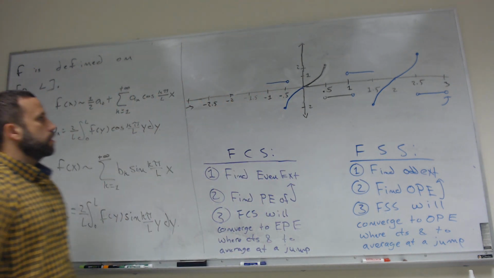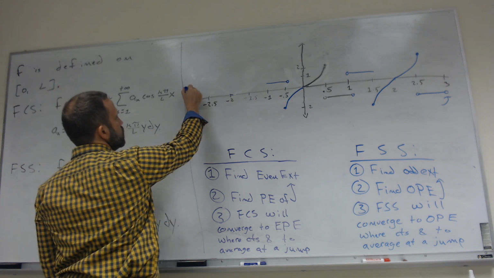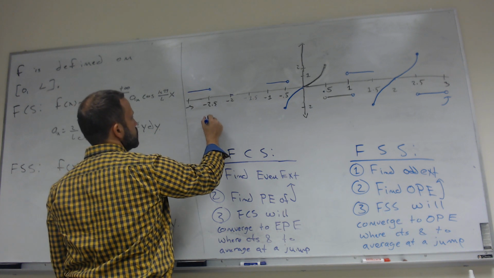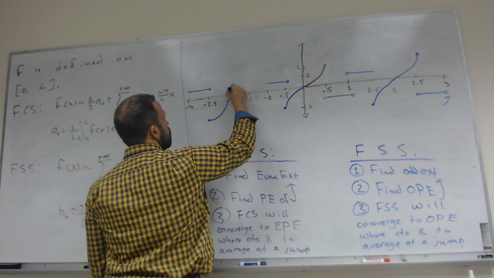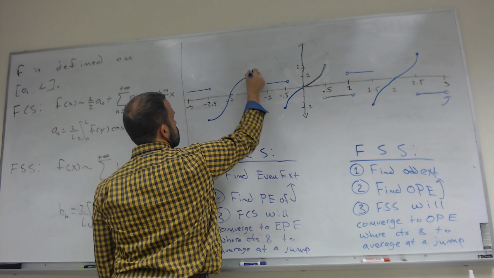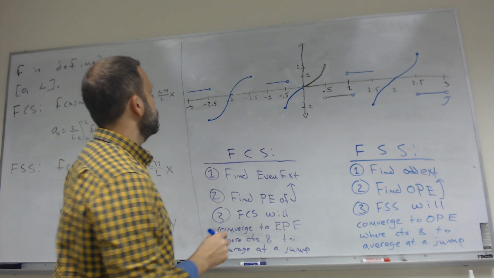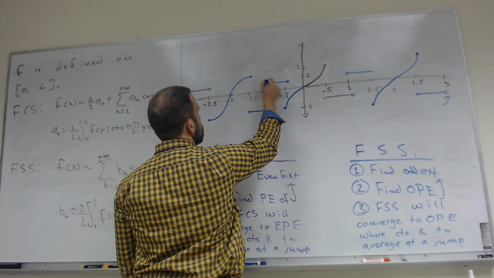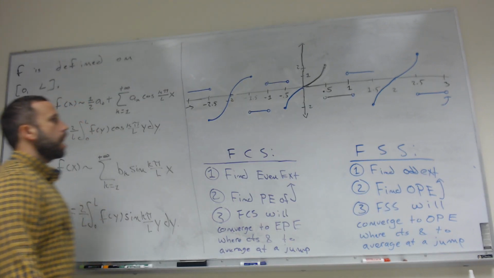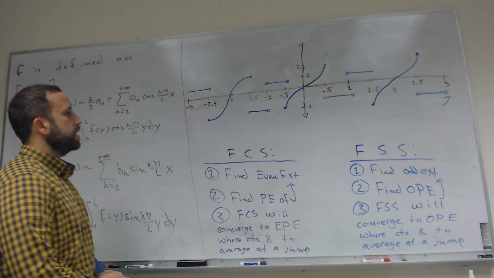Sorry, let me do the odd periodic extension over here as well. So we'll have this like that, like this. And then again here at minus 1, there's an ambiguity on what value the odd periodic extension should be taking.